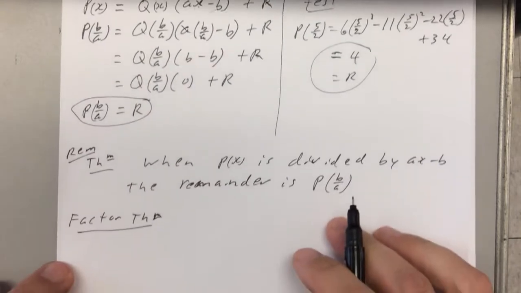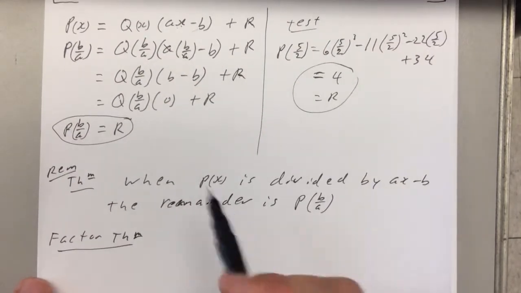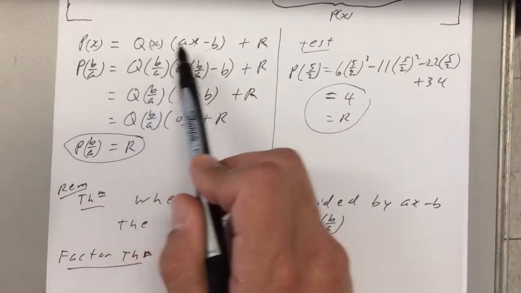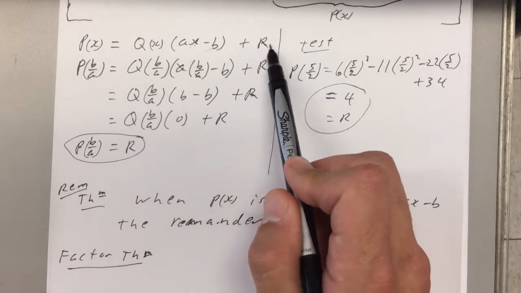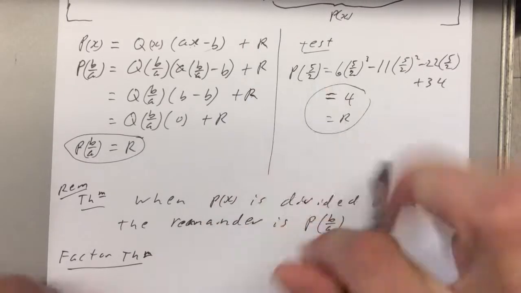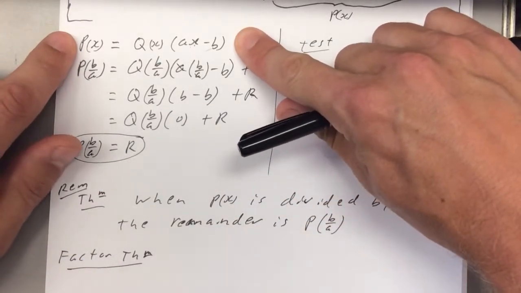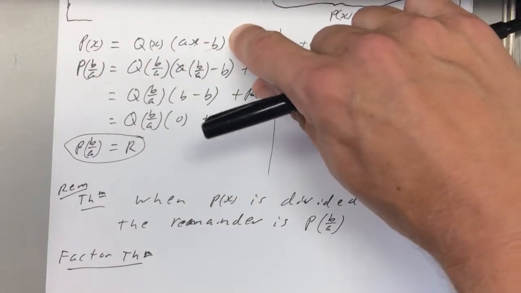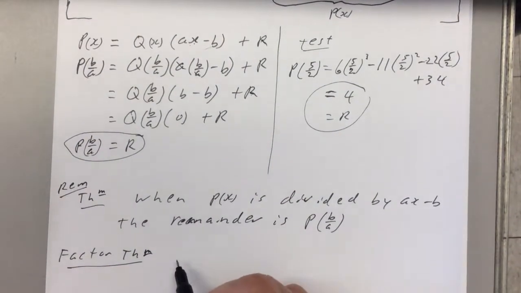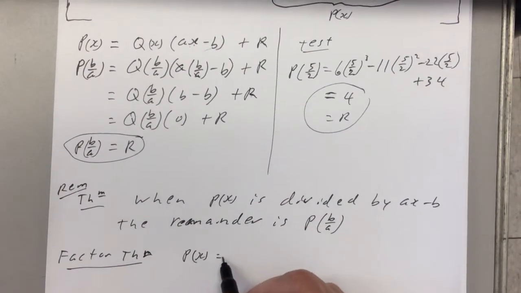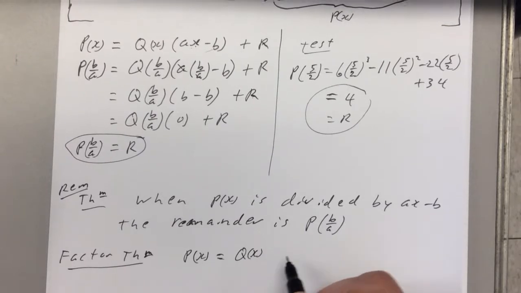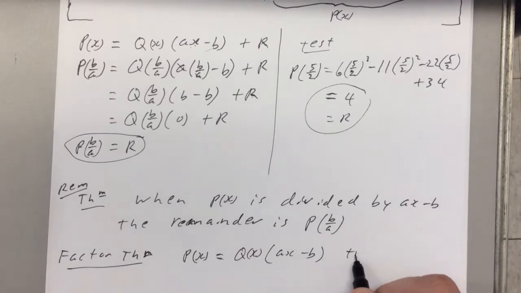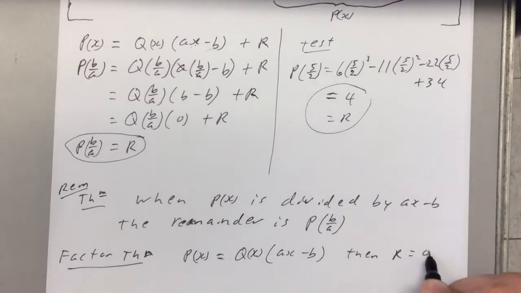Okay. So the factor theorem happens when the remainder is 0. If we look at this statement here, p of x equals q of x times ax minus b, if we've got a remainder of 0, then we've got p of x factored into two pieces, q of x times ax minus b. Okay. So p of x equals q of x times ax minus b, then r equals 0.